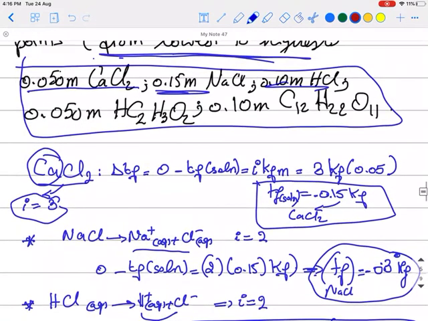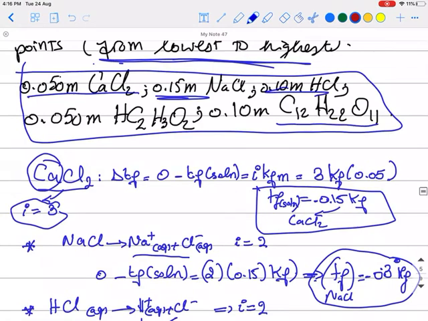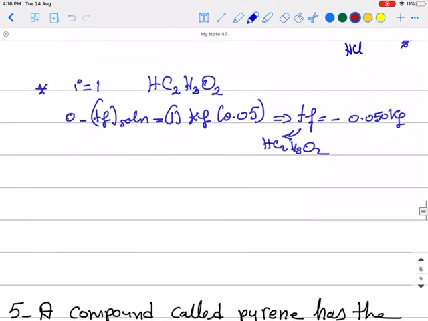Okay, the last one, which is C12H22O11 0.10. Also this is sucrose, it's a molecule, so i equals 1.